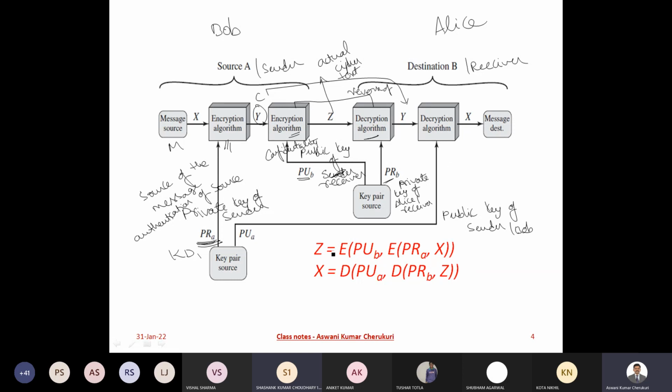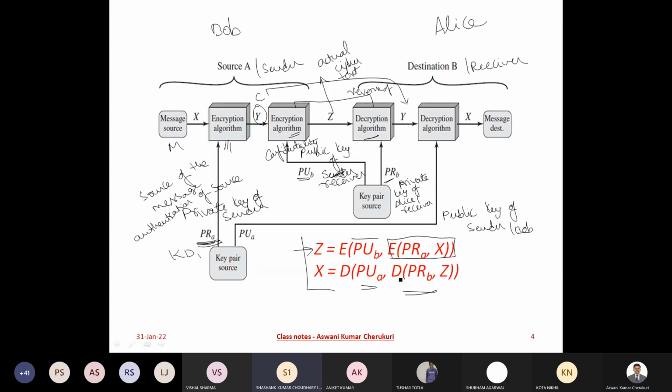So this is the scheme we discussed. Initially, the private key of the sender is used for encryption. Again, the public key of the receiver is used, so that you get the actual ciphertext that is sent. And at the receiver, first you perform the decryption of the last encryption, and then the decryption of the first encryption.